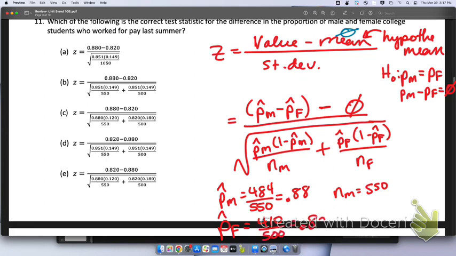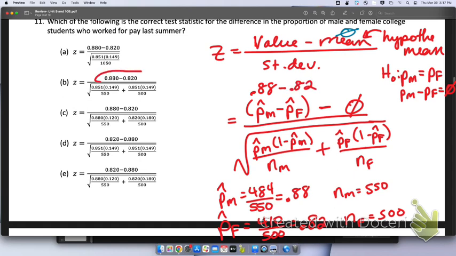And so that's 0.82. And the sample size for the females was 500. So I just need to find which one of these matches all of this. You'll notice on the top it does not say minus 0. You don't have to write minus 0 on the top. So we're looking for on the top here 0.88 for the males minus 0.82 for the females.